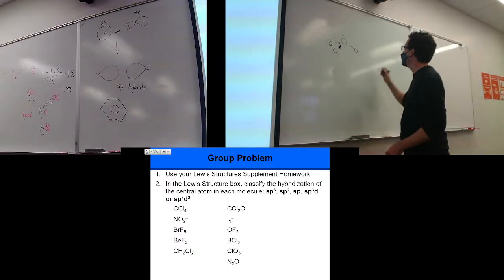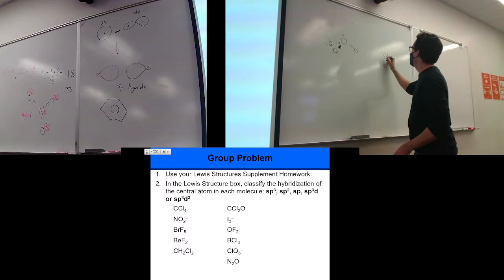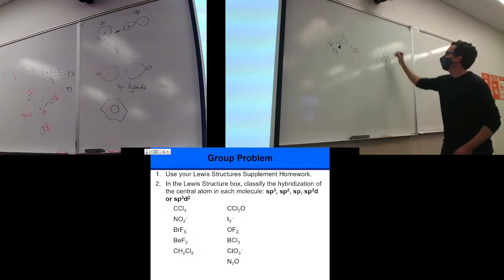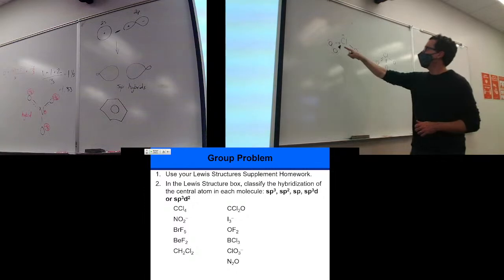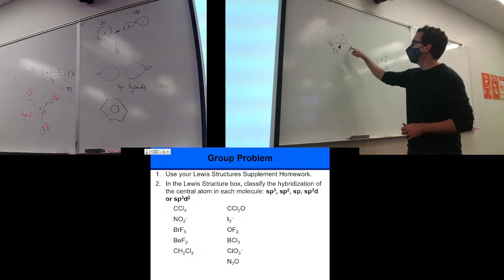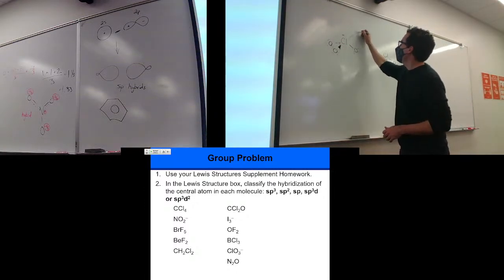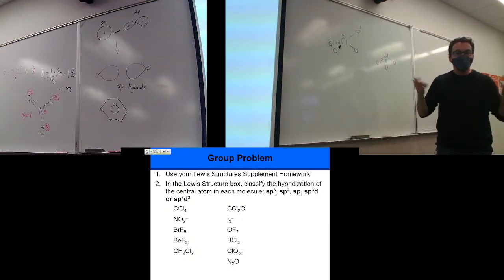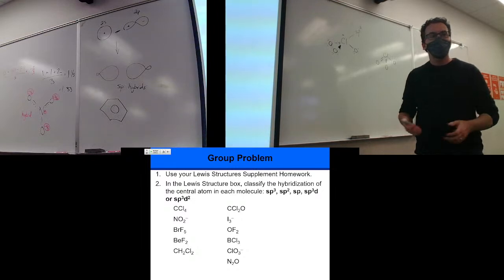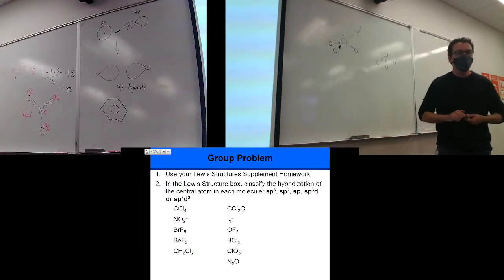With formal charges, a better structure would be like that. But either way is fine. It doesn't matter because 1, 2, 3, 4 groups of electrons, sp3 hybridization. So that's it. All you have to do to know what the hybridization is, is to know what the electron geometry is. sp3 hybridization.